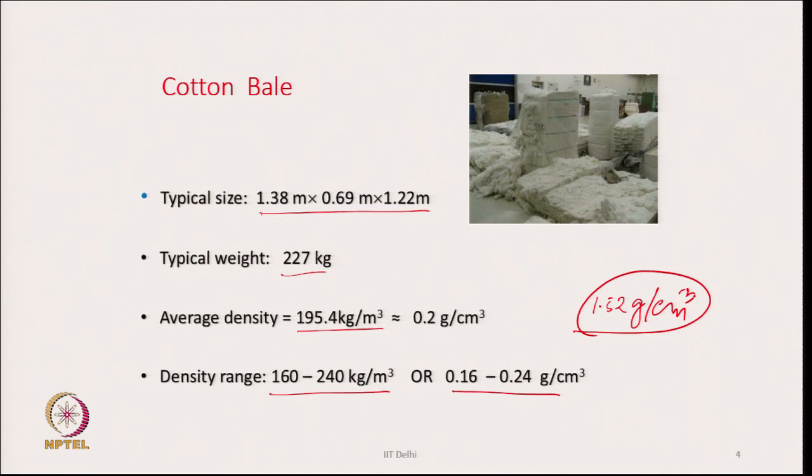This is the density of fiber, and this is the density of fibers in bale form. So, this is the fiber and this is the bale. So, you can see that even if we have given so much of pressure, still the density of the bale is much less than the density of individual fibers. Okay.